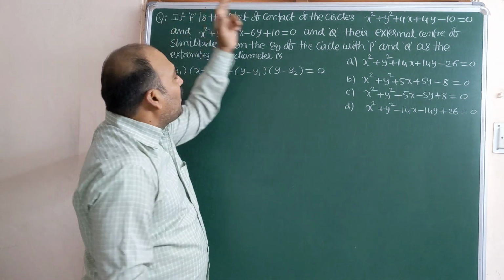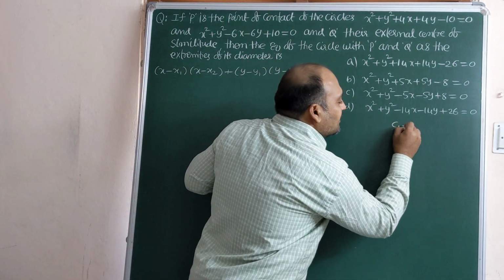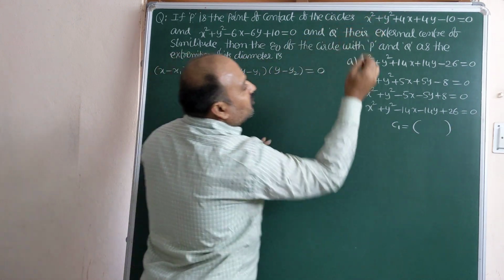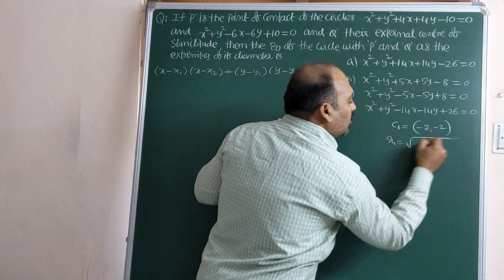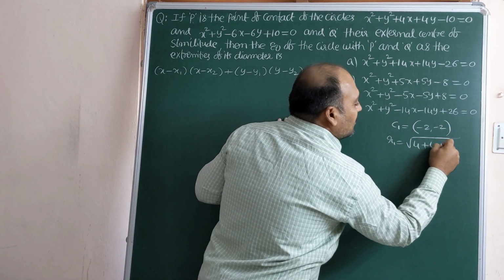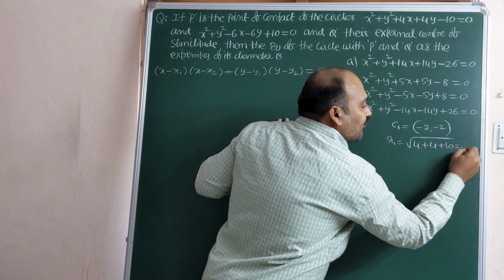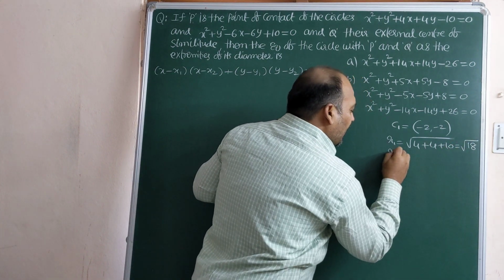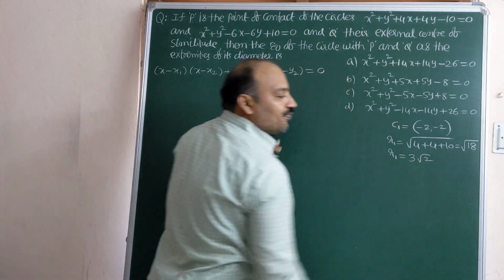In that, P is the point of contact of both circles. First circle C1: what is the center of the first circle? Minus 2 comma minus 2. Radius of the first circle R1 equal to root of 4 plus 4 minus of minus 10, so root 18. Root 18 can be written as 9 twos are 18, so 3 root 2.